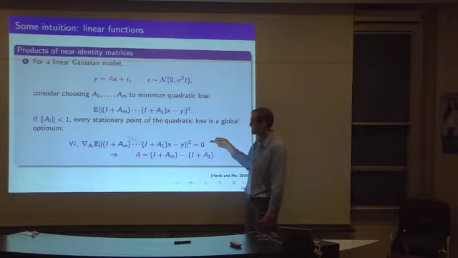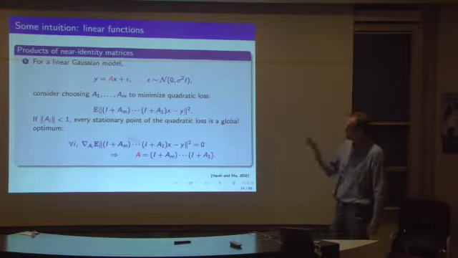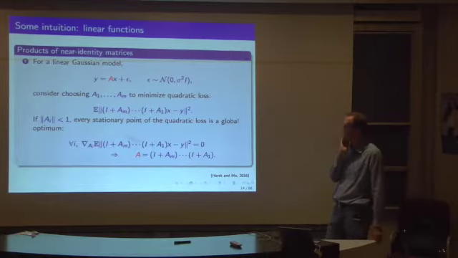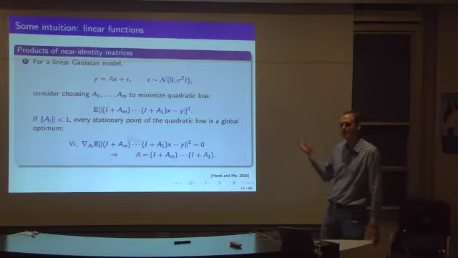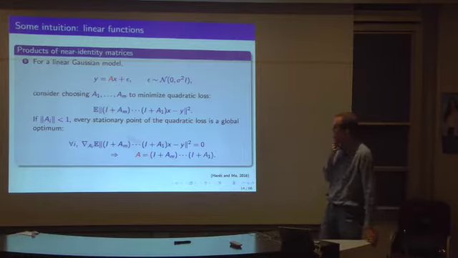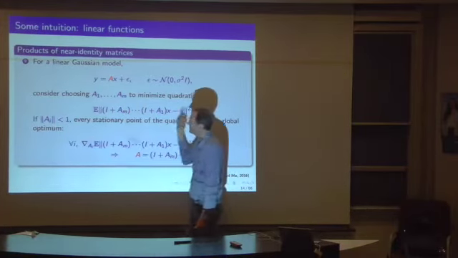That it's 0 only if the product of these is equal to A, the true linear relationship between x and y. Okay, so that's just a first order condition, right? Every stationary point is optimal. You can't have local optima, you can't have saddle points once you keep things close to the identity.